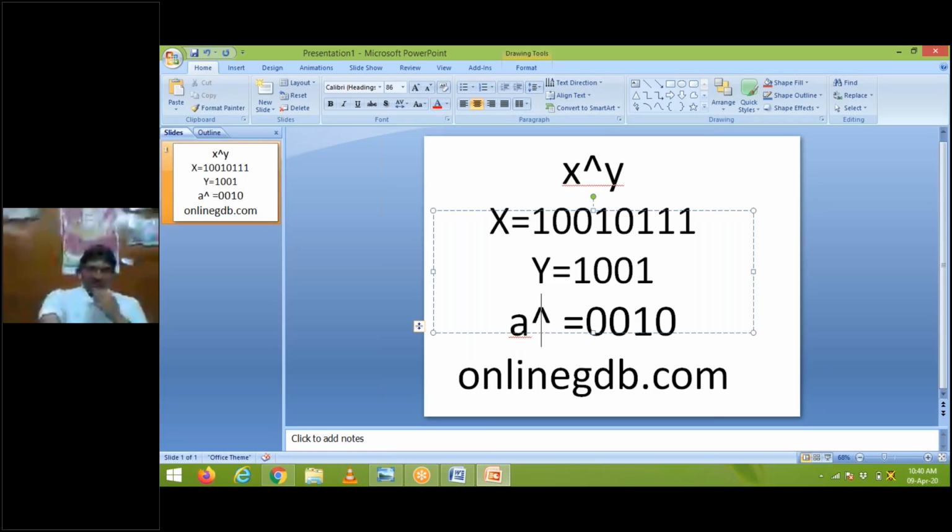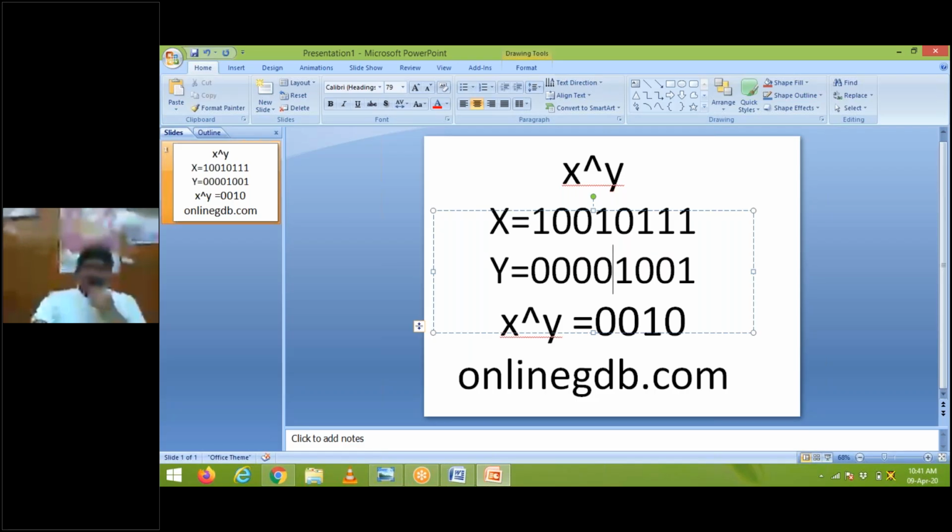Good question. The first value x is 1 0 0 1 0 1 1 1, that means 8 digits. But in the y value you are giving only 4 digits. That means you need to add 4 zeros. That's all. This is very easy.